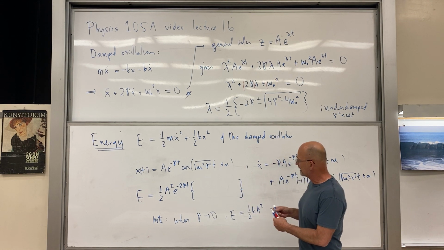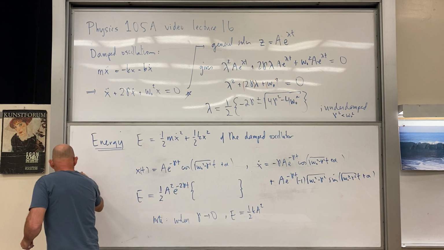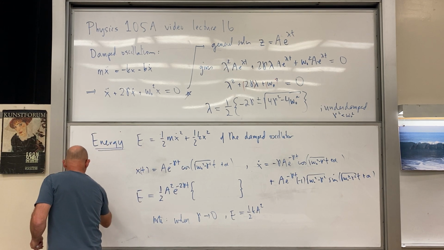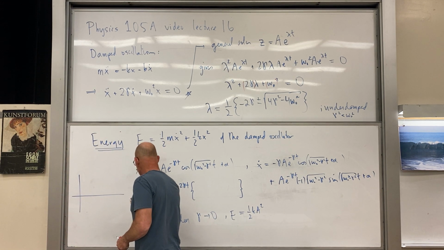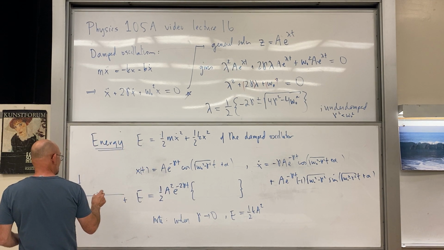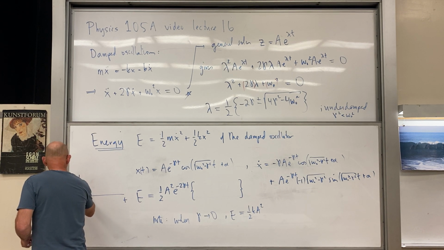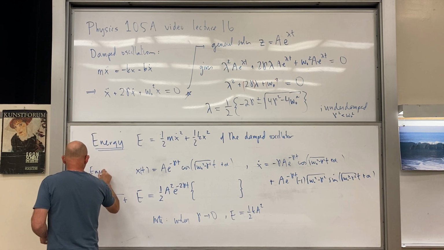What's going on? So now we have an envelope for the energy. I'll graph it right here. Okay. So the energy in this system is always positive. There's t. There's 1/2 a squared, but I'll just write E sub 0. So this is energy.